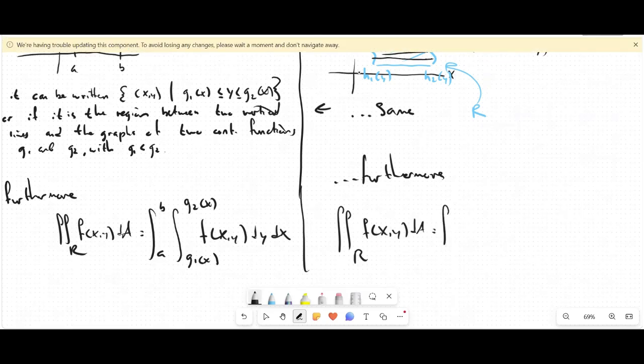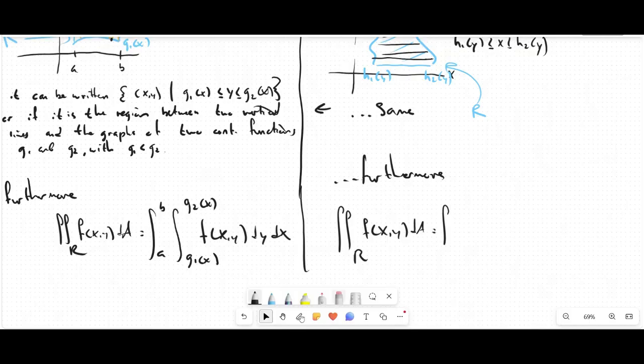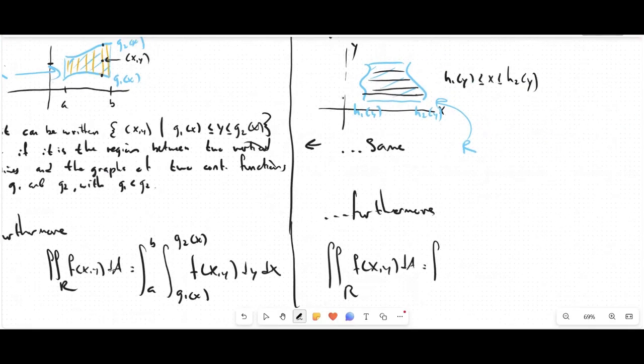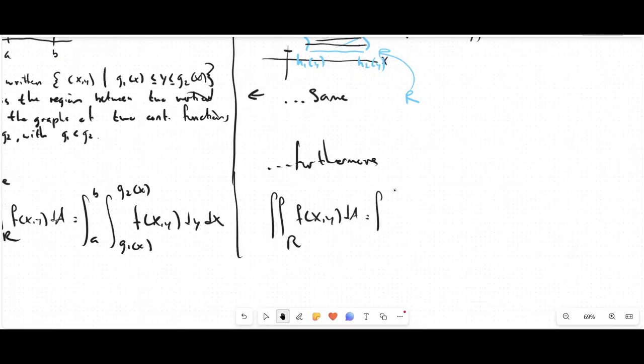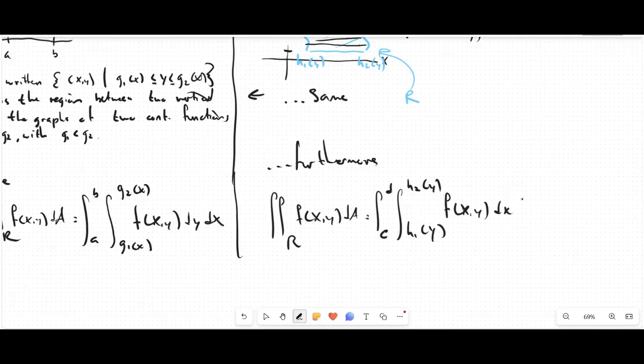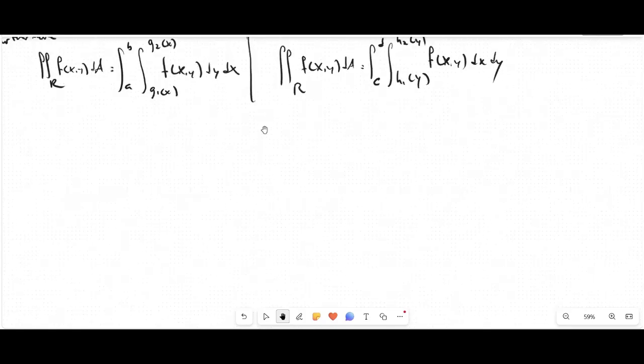We'll have y starting at C and ending at D. Y goes from C to D, and X goes from H1 of Y to H2 of Y. I'm going to do some examples in a second that hopefully make this clear. This is dx, this is dy. And I want to be very clear, spell something out here.